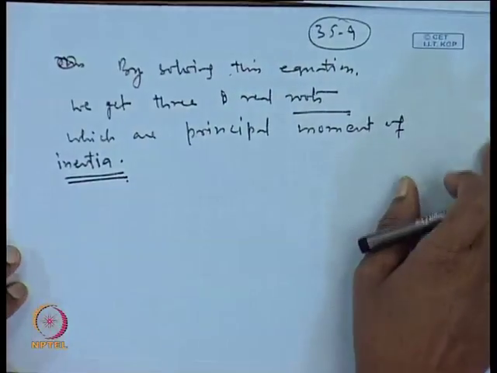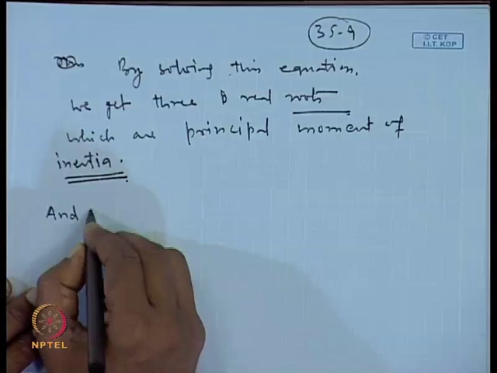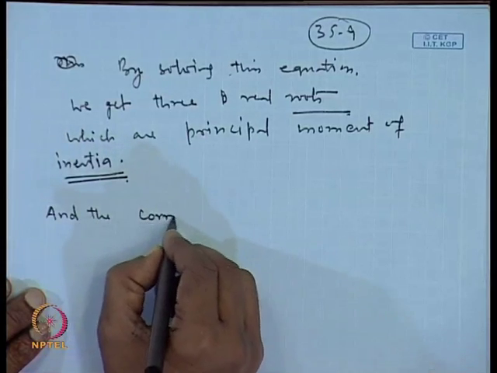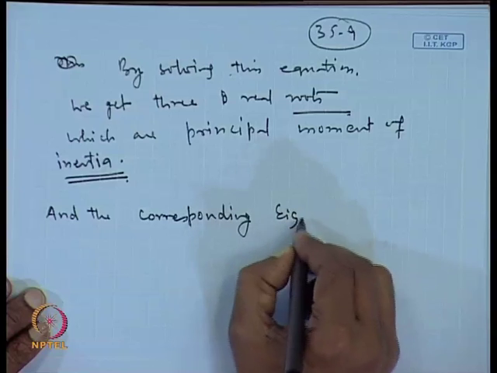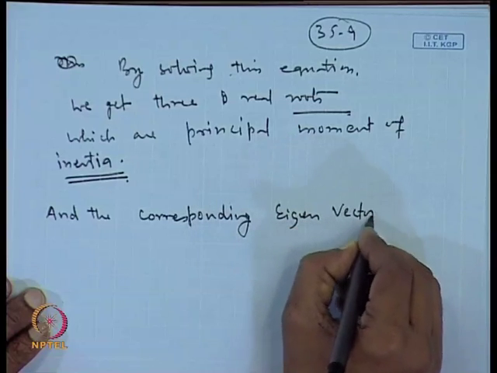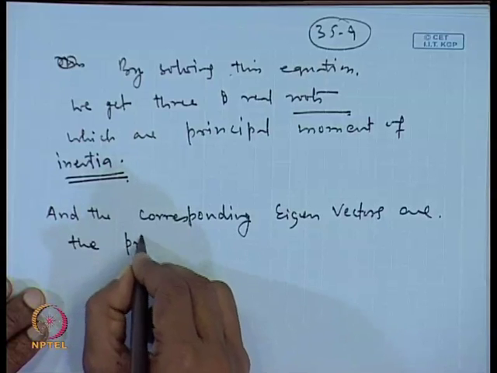These 3 roots are our principal moments of inertia, and the corresponding eigenvectors are the principal directions.